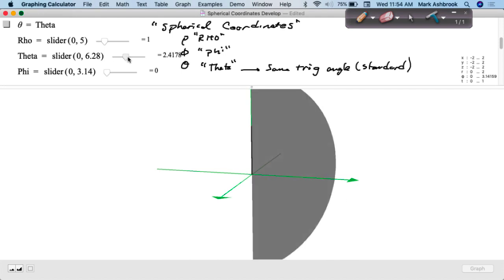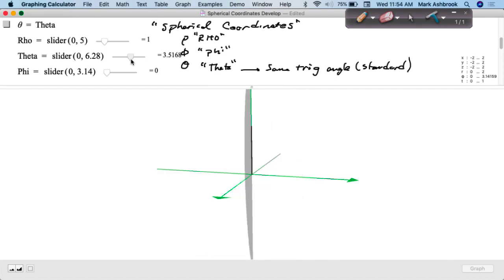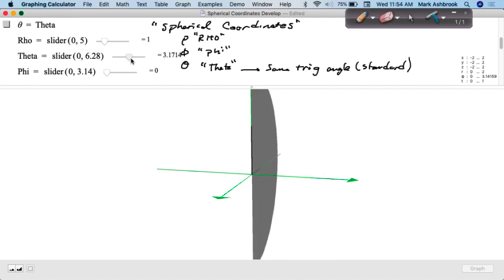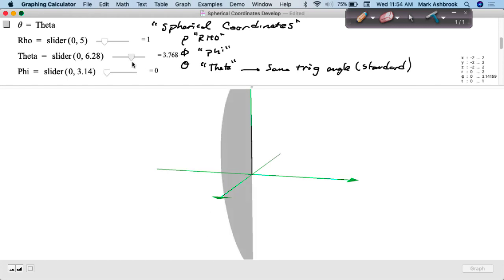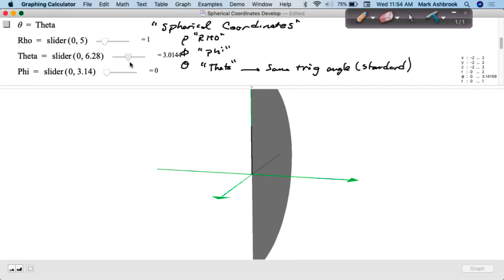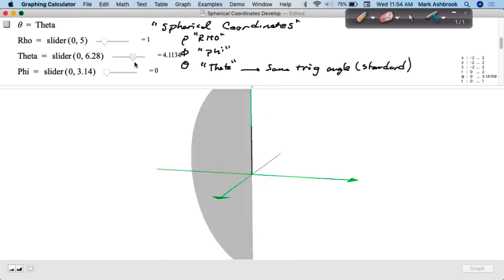So theta sweeps, so this is theta equals 0. We sweep counterclockwise in the xy plane. So the positive y-axis is pi over 2. The negative x-axis is pi. The negative y-axis is 3 pi over 2. And then back to 2 pi. Okay, so that's the same.